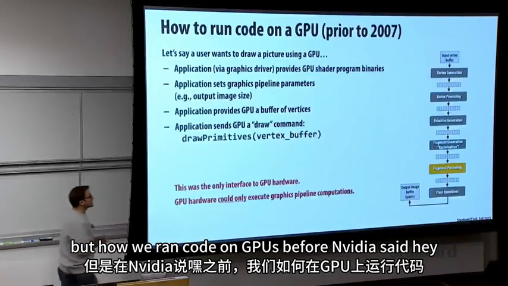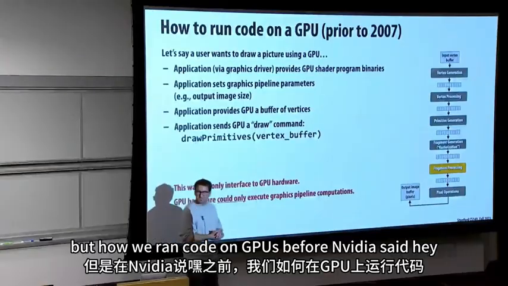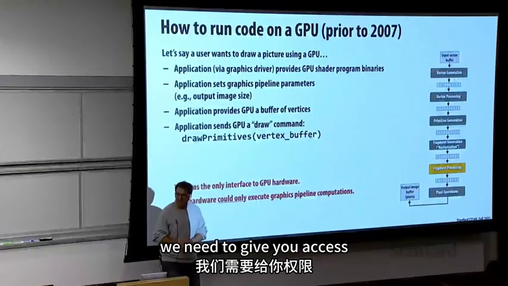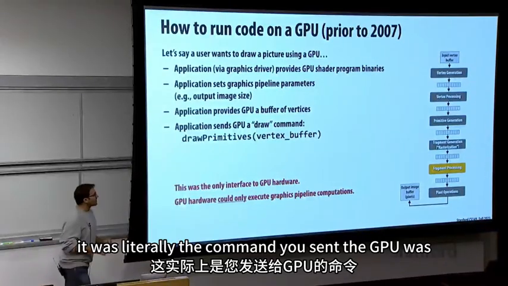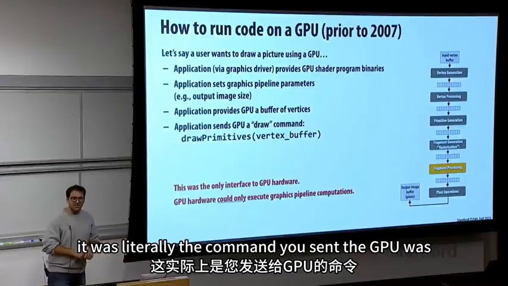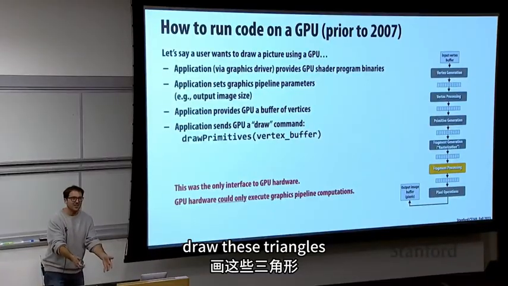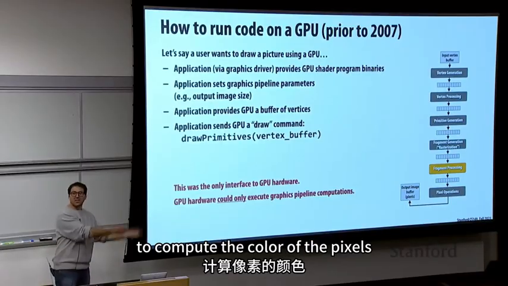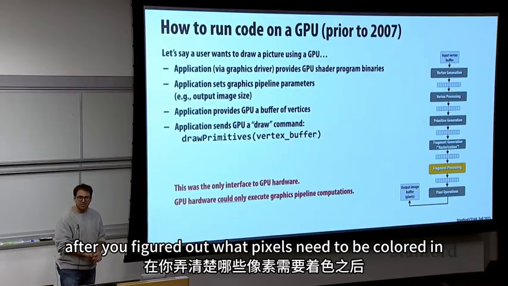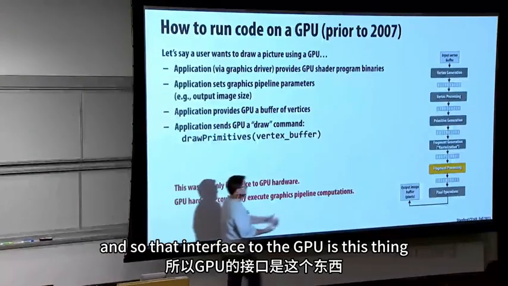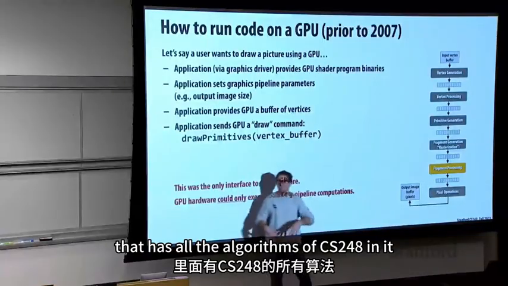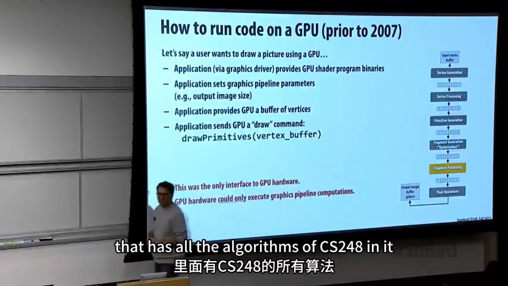But how we ran code on GPUs before NVIDIA said, hey, we need to give you access, was there was no run a thread. It was literally the command you sent the GPU was draw these triangles and use this program to compute the color of the pixels after you figured out what pixels need to be colored in. And so that interface to the GPU was this thing we call the graphics pipeline that has all the algorithms of CS248 in it.